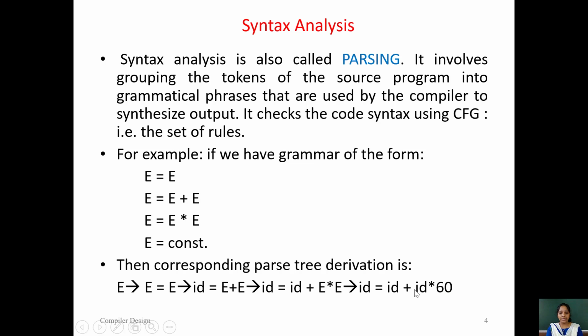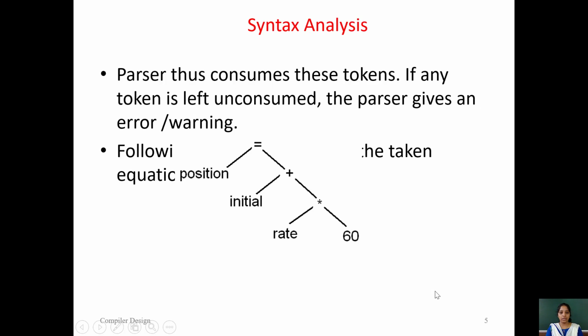So ID = ID + ID * E, and the last E is replaced with constant, because the fourth rule is E equals constant. So ID = ID + ID * 60.